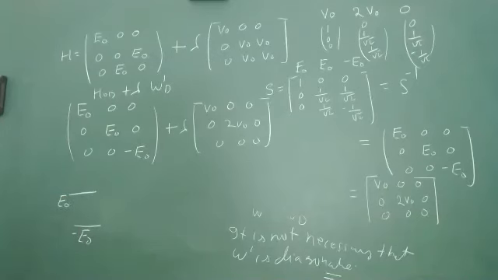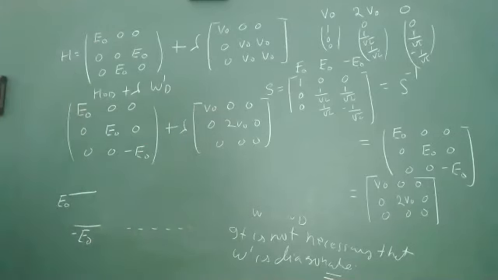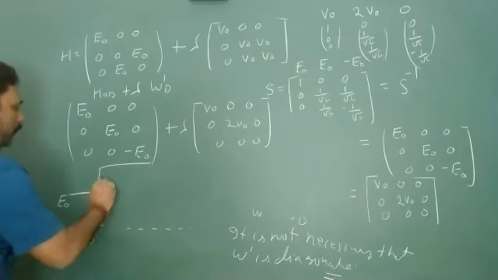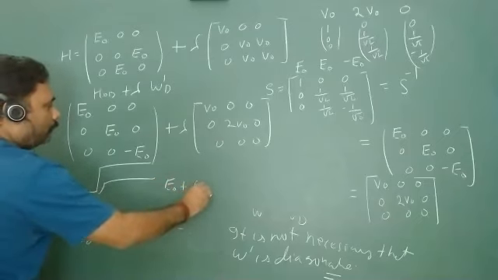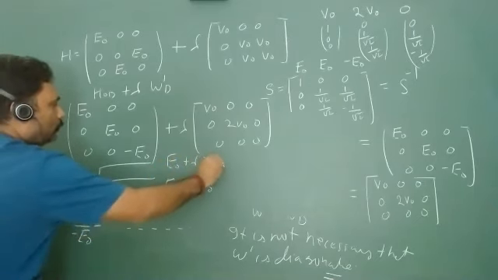One is minus E naught, another is E naught. But once we apply this perturbation, which is so beautiful, the ground state remains the same, but the first excited state will be divided, or break into two parts, and these will be E naught plus lambda V naught and E naught plus lambda 2V naught.